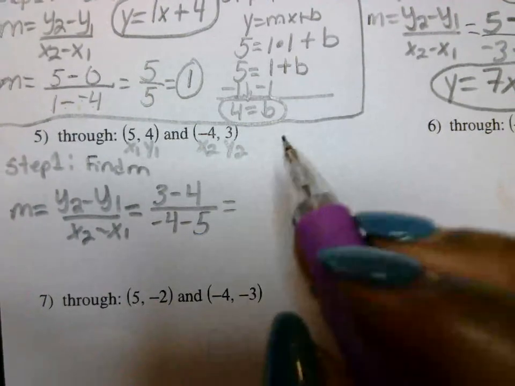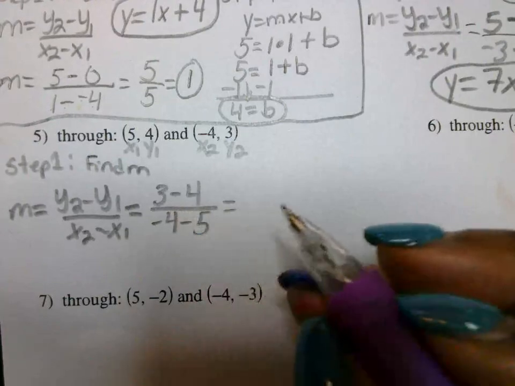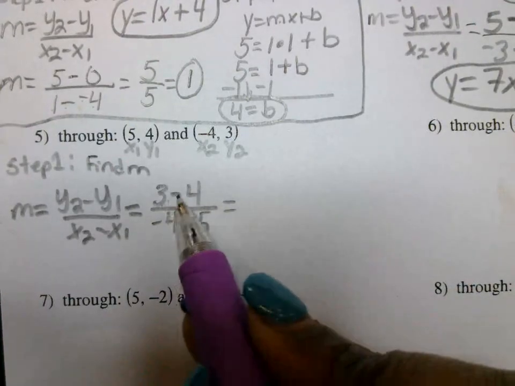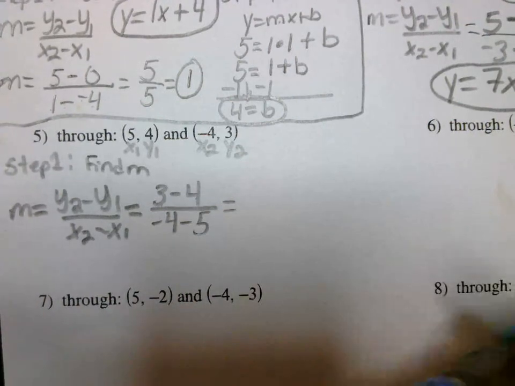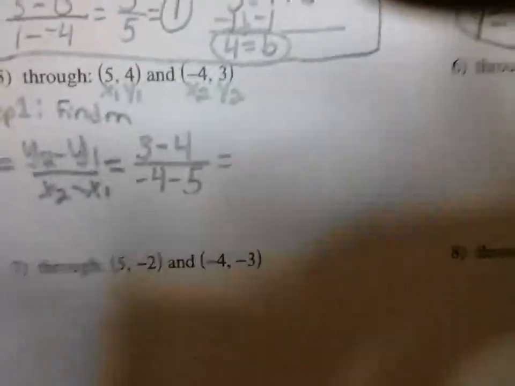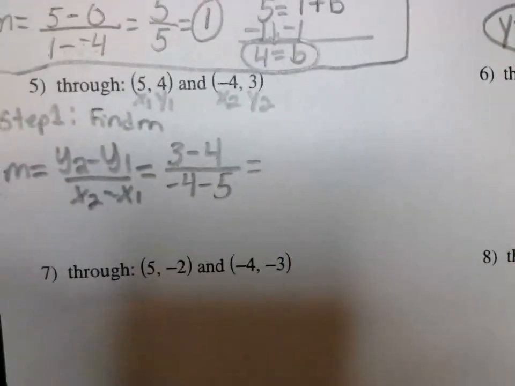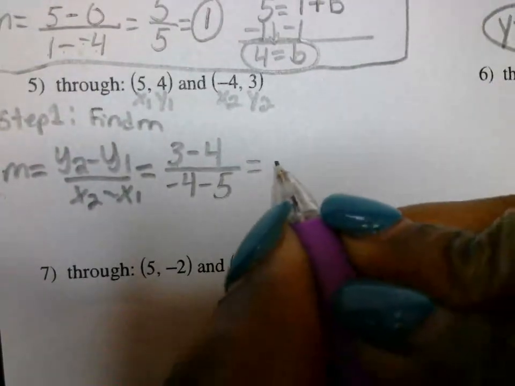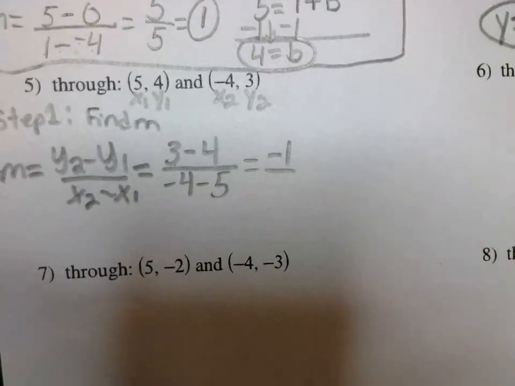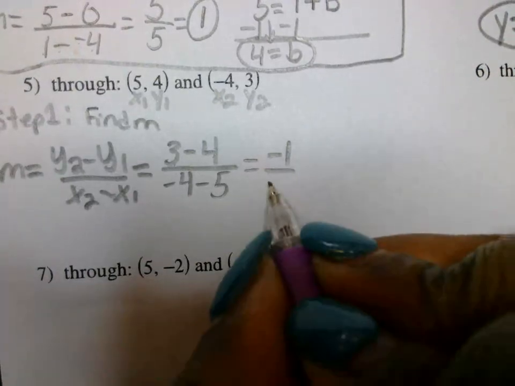All right. What do we get on the top? What is 3 minus 4? -1. Yes. What's the bottom? -9.